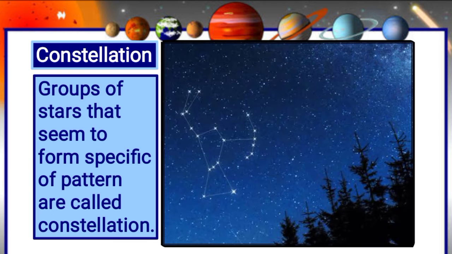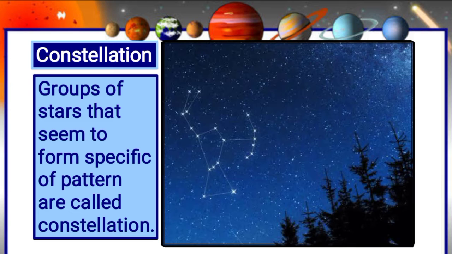What is a constellation? It is a group of stars, and the groups are identified according to patterns that people have seen in the stars. You have already read that groups of stars that seem to form specific patterns are called constellations.